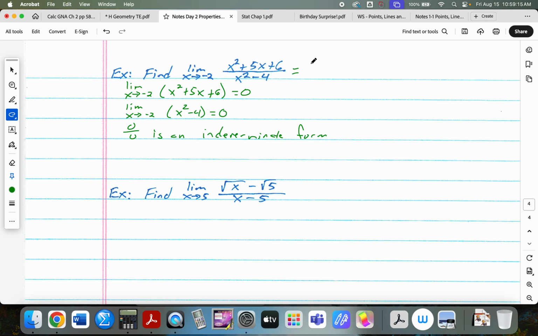I'm going to rewrite this as the limit as x approaches -2 of, and I'm going to factor both the numerator and the denominator. How does the numerator factor? Right? X plus 3, x plus 2. And what about the denominator? X plus 2, x minus 2.